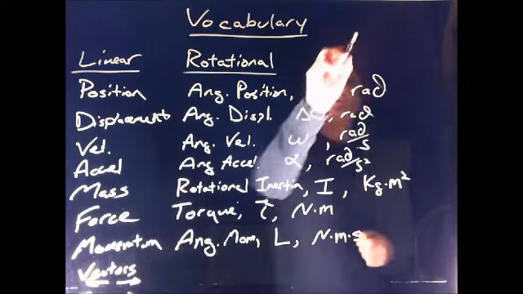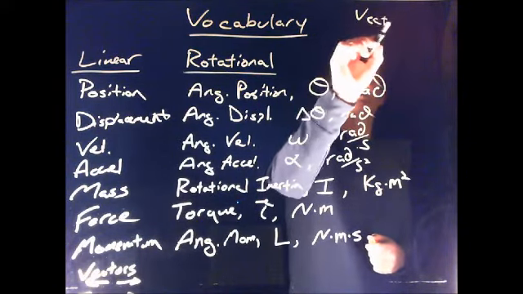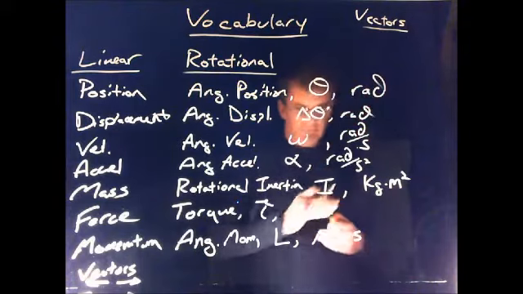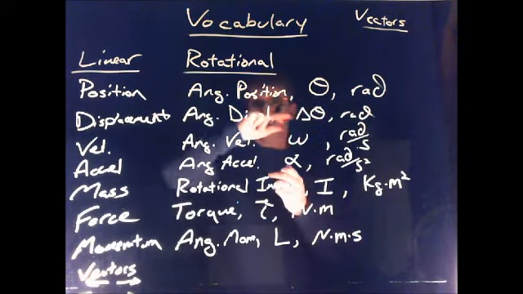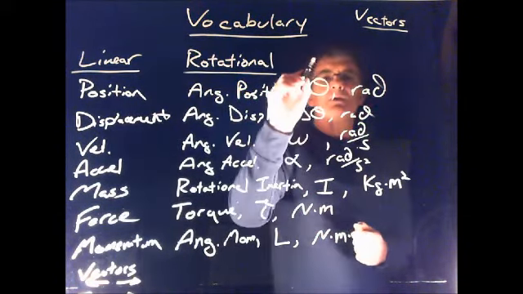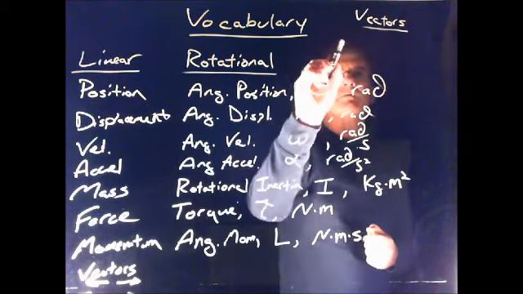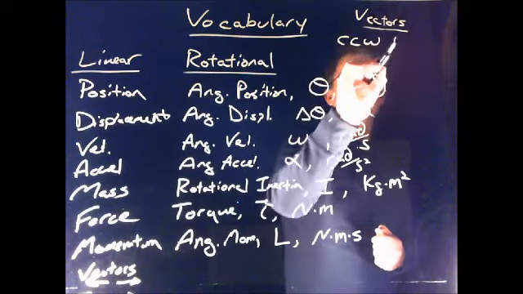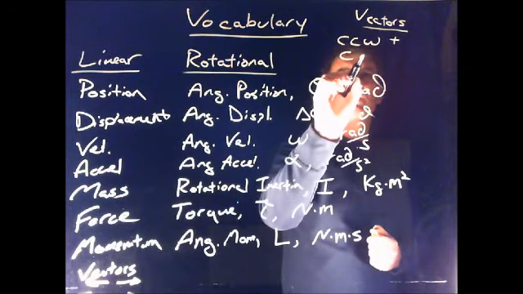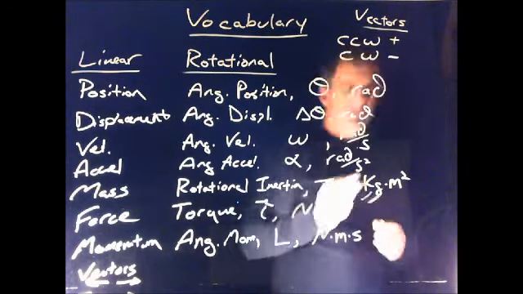We also have vectors rotationally, except now we have to capture which direction it is going. I always have to think about it. I know if it's going counterclockwise, that's a positive direction. If it's going clockwise, that's a negative direction.